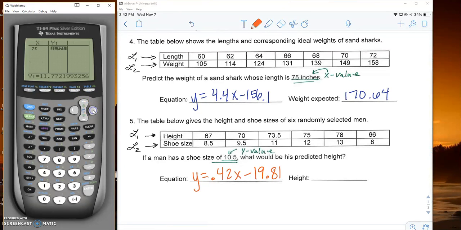In my table, this time they are asking for the height. Now if I try to type 10.5, it will not let me. So I need to go back to my table settings, and I need to switch this so that my dependent is being asked. So this way I can type in, nope, that didn't work.